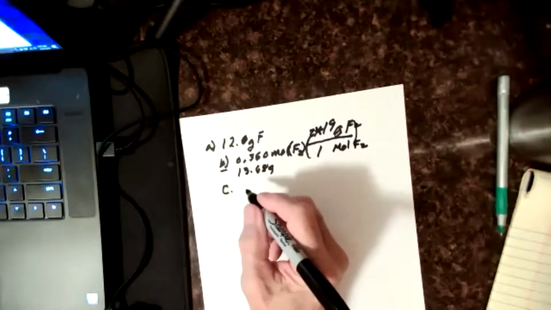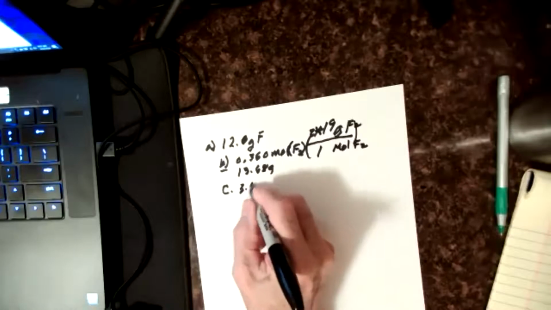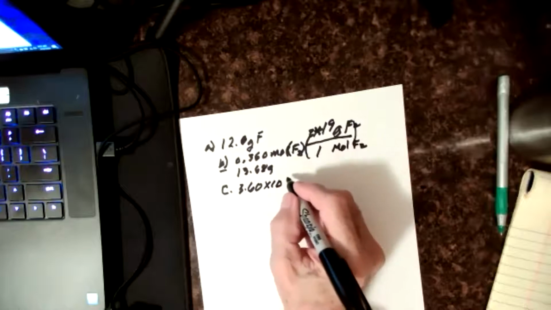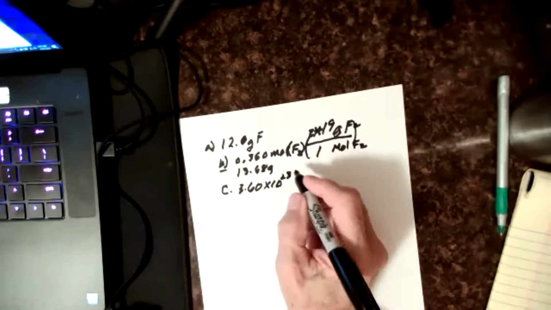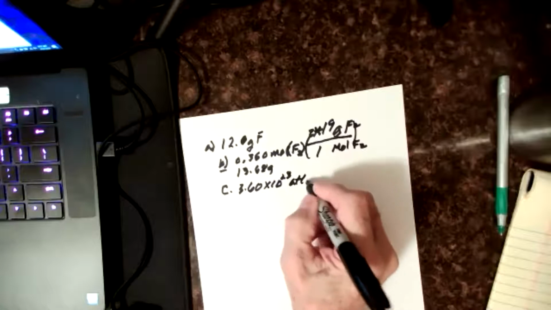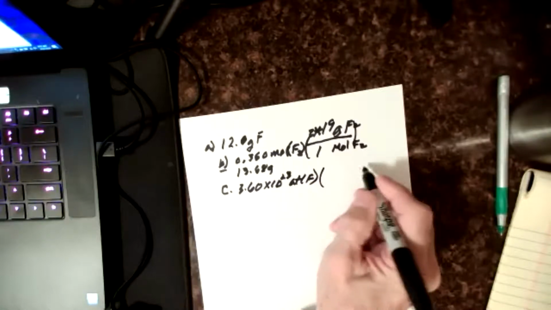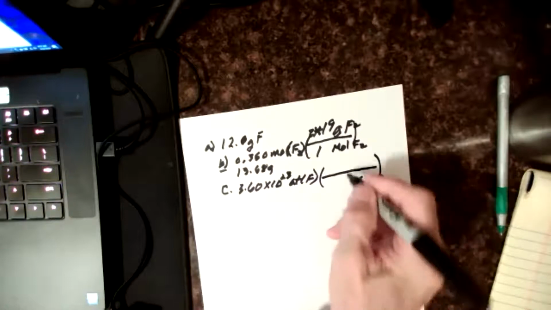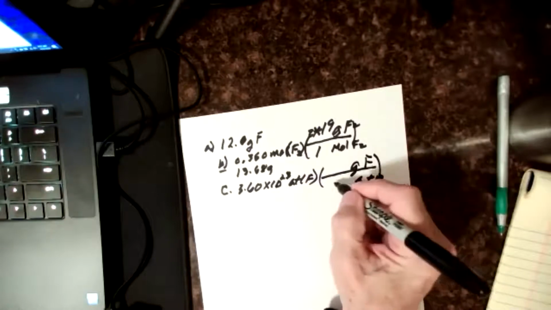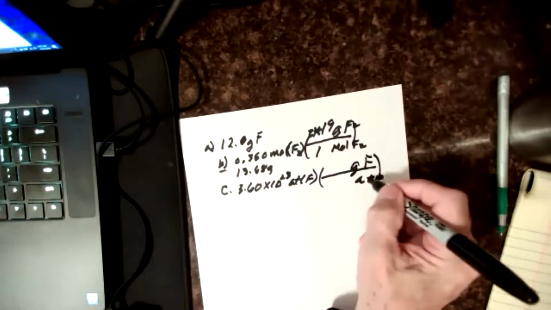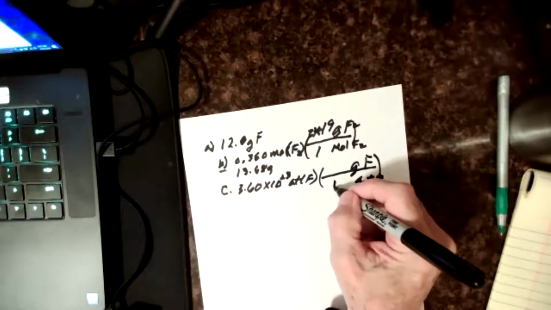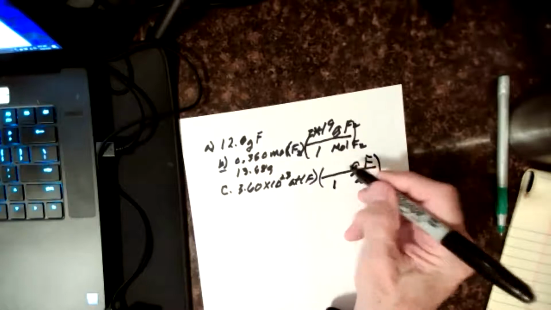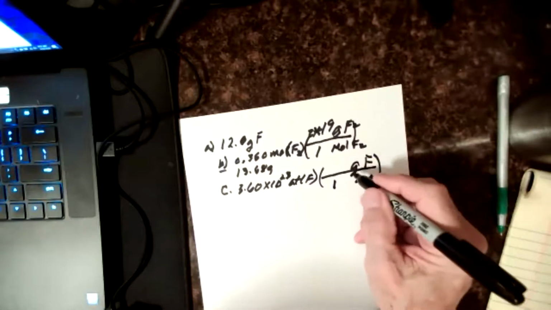Now if I go to the C response, it's 3.60 times 10 to the 23rd atoms of fluorine. Well, we've got to convert from atoms of fluorine to grams of fluorine. I want to do this into moles.